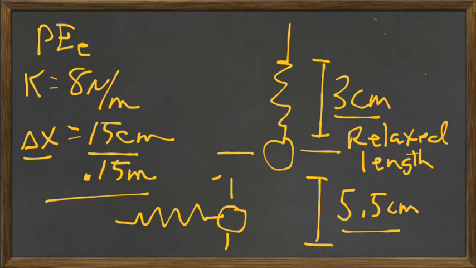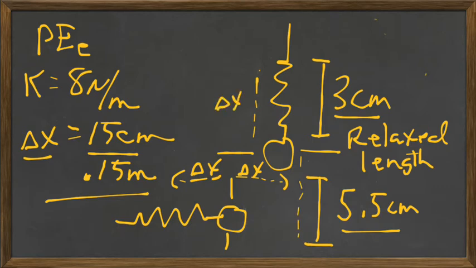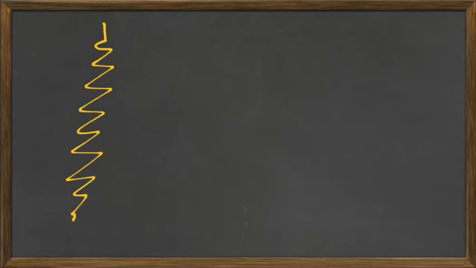So if I now compress it so much or stretch it so much, that is my delta x, or in this case delta y. It doesn't matter what that relaxed length actually is. I could have one spring and I have another.